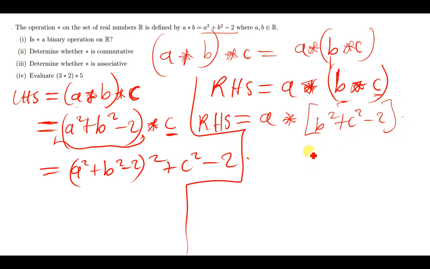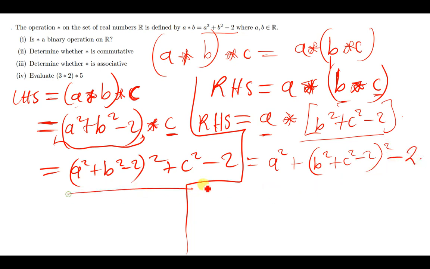From there, this one becomes my A, this one becomes my B. So in that same expression, my A will still remain A squared, and then my B is simply B squared plus C squared minus 2, then C squared minus 2. So when you look at this expression, is it the same as that expression even if we were to simplify them?